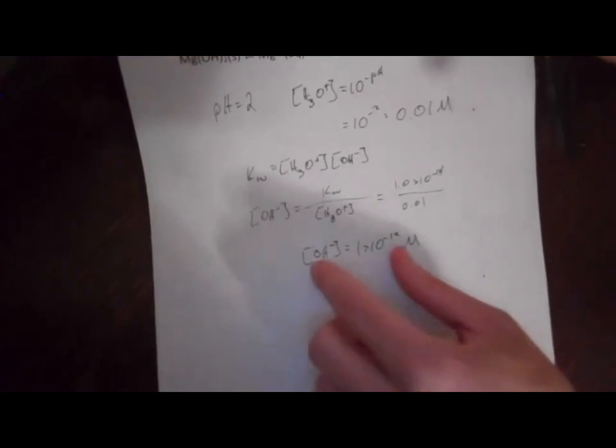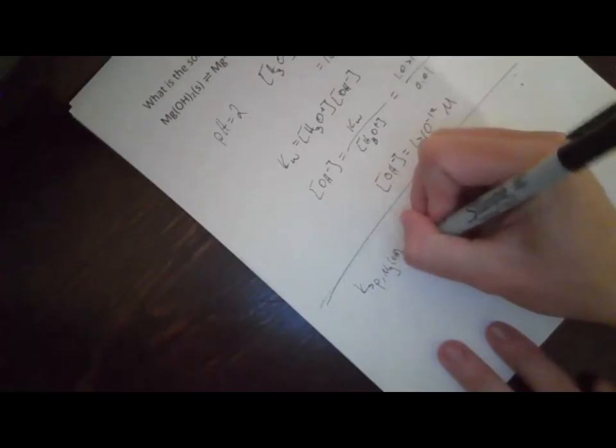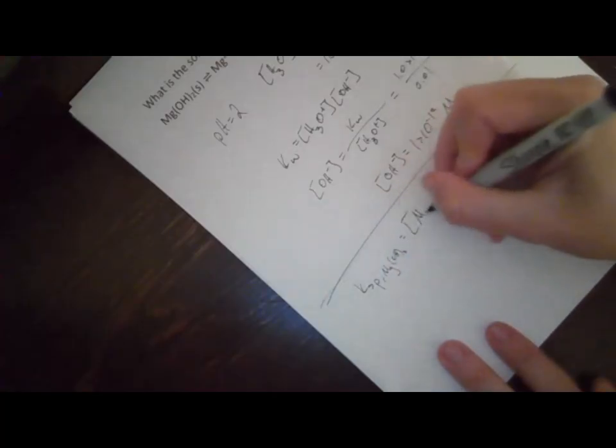And so what we want to figure out now is, if this is what the concentration of hydroxide needs to be, how is the magnesium hydroxide going to dissolve to describe that? And so we know that the Ksp for the magnesium hydroxide is equal to the concentration of magnesium times the concentration of hydroxide squared.